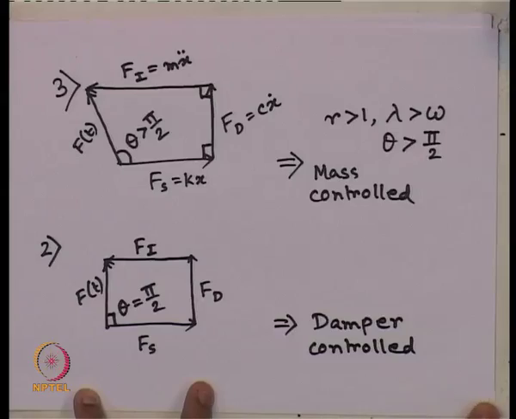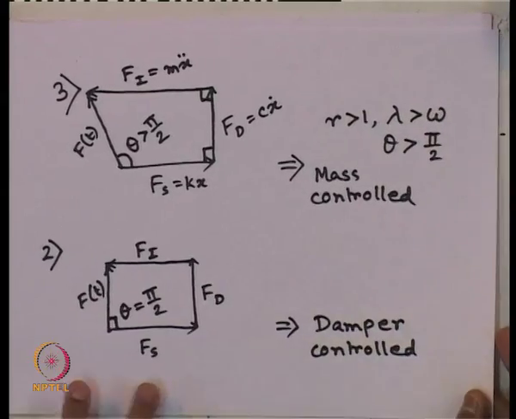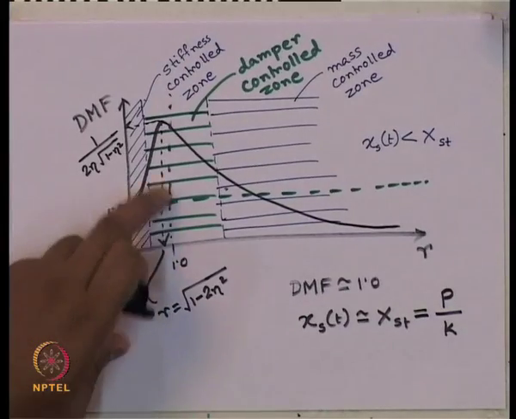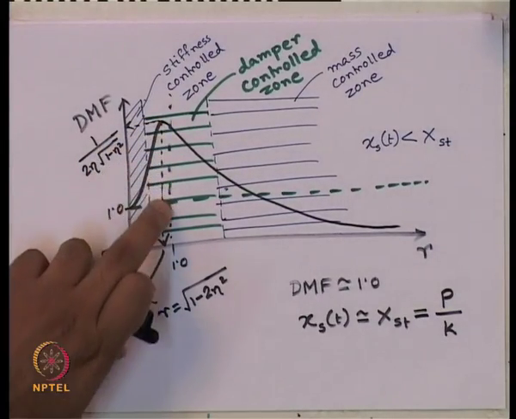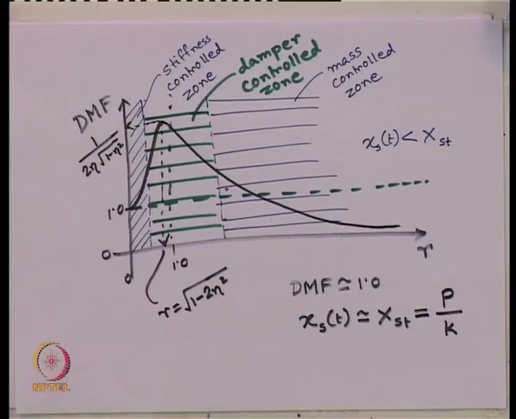So, this damper controlled region guides you the DMF, which we have seen here. The peak value of DMF, or maximum value of DMF, is controlled by this damper control region. Okay. Now, let me discuss a little bit about the phase.